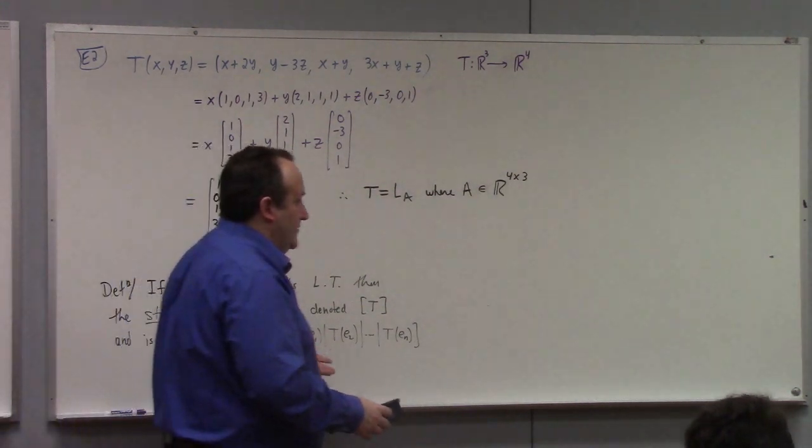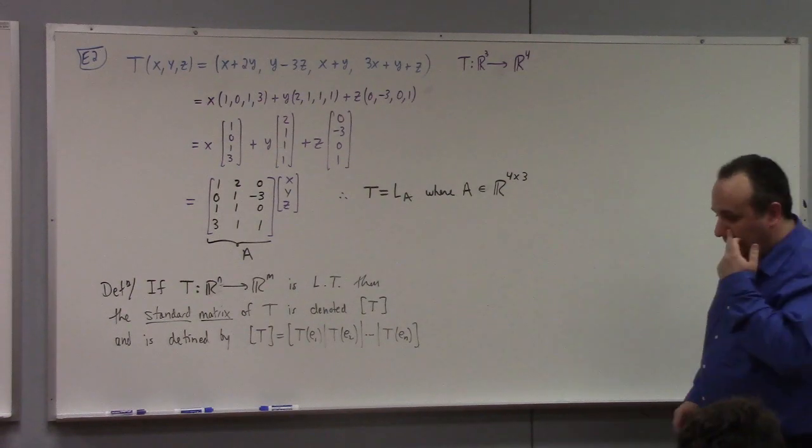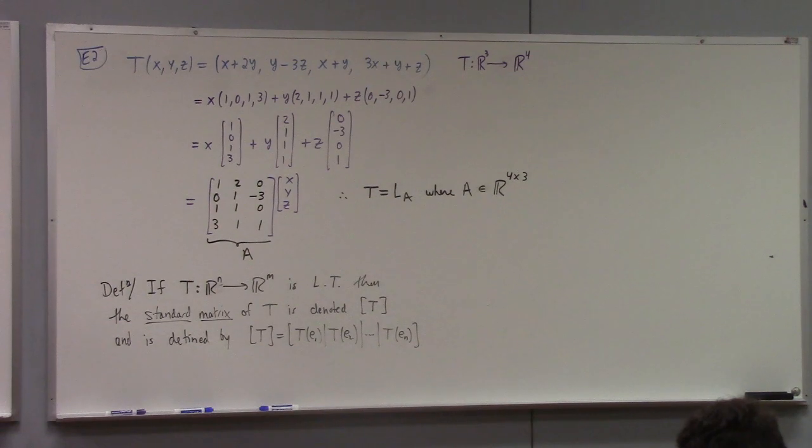So to find the standard matrix, you simply take the linear transformation and plug in the standard basis, and the matrix that you get is the standard matrix for the linear transformation.